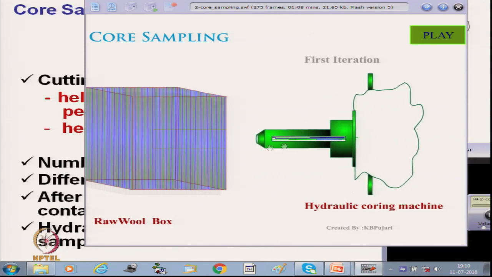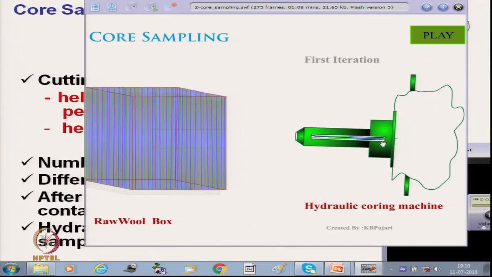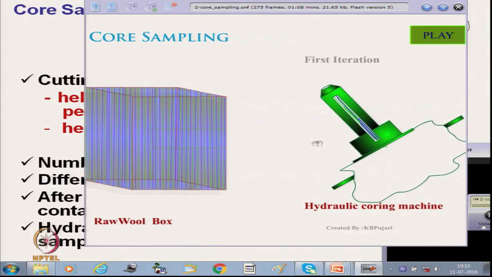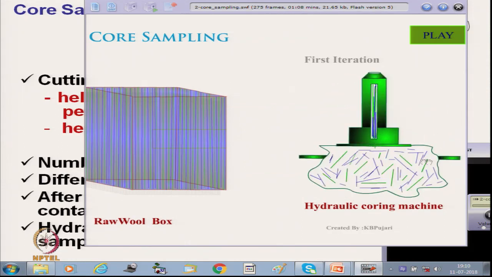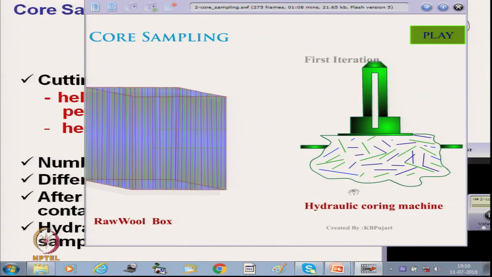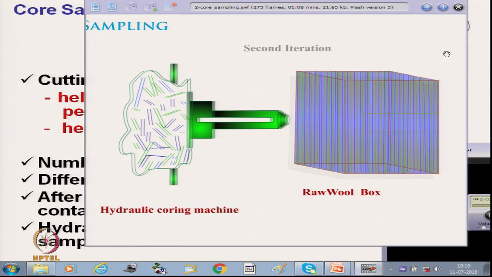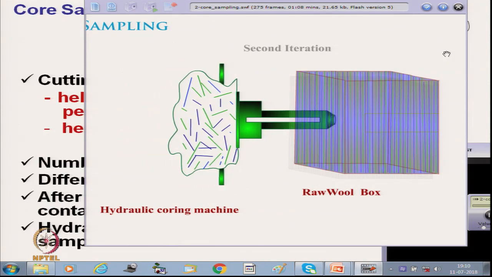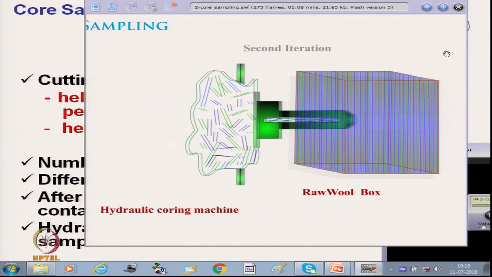This tube is full of core, so you have to remove this core. You take it vertically, and then this core will be stored here. Then we keep on repeating with another core until the required quantity of material is collected. So, the next core is there.